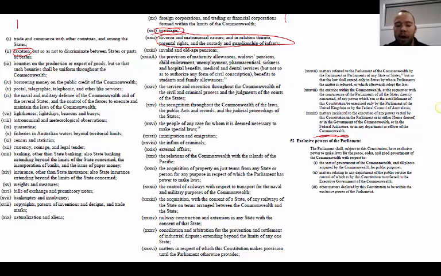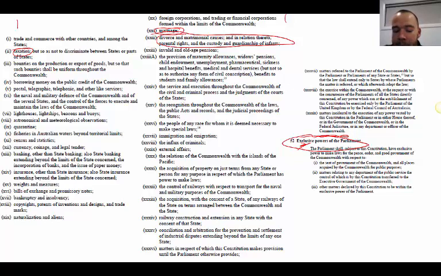Okay? Then, as we said, Section 52 has exclusive powers. Okay? And these are ones that maybe you're not going to want to use, but these are the listed powers in Section 52 for exclusive powers. The seat of government of the Commonwealth: the Parliament can only make laws around where the seat of government of the Commonwealth shall be.